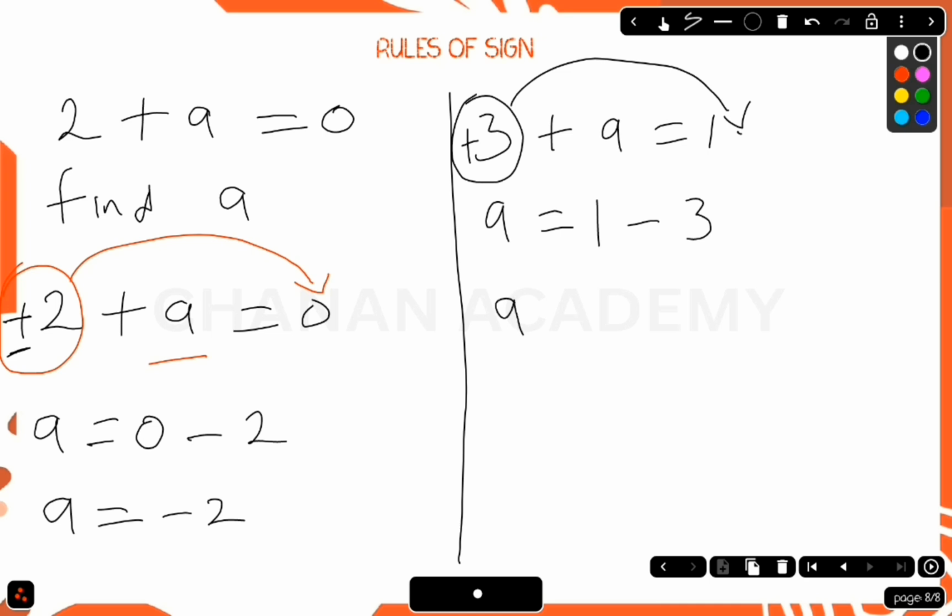Remember the rule, the signs are not the same. What do you do? Take the sign of the bigger one, and then you subtract. So it's equal to minus 2. So our a is minus 2.